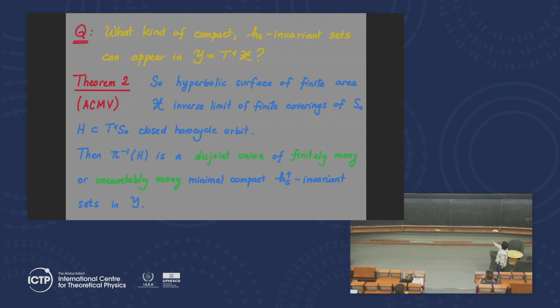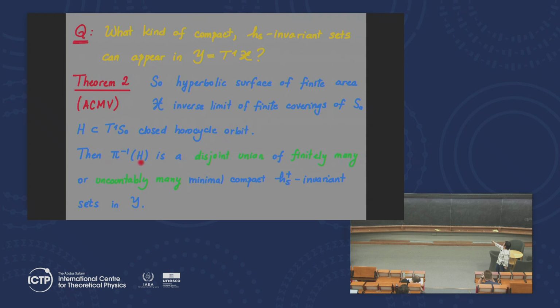So if you have a hyperbolic surface of finite area and the inverse limits of finite coverings of S naught, and you have a closed horocycle orbit inside the unit tangent bundle to S naught, so a closed orbit just turning around a cusp here, what does its preimage under the projection between the unit tangent bundles look like?